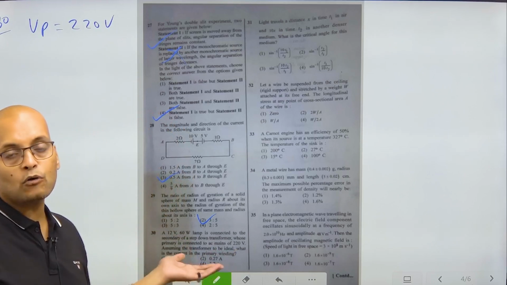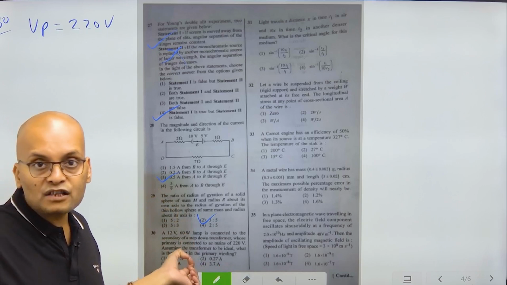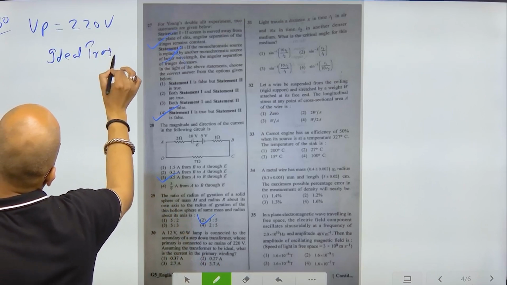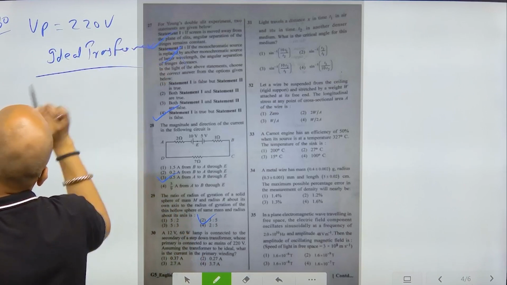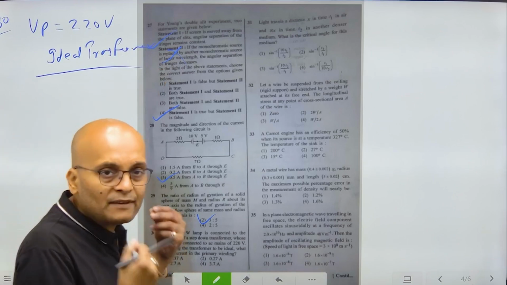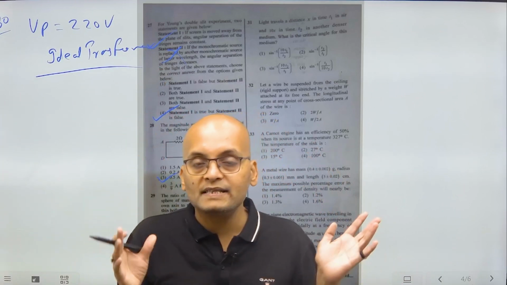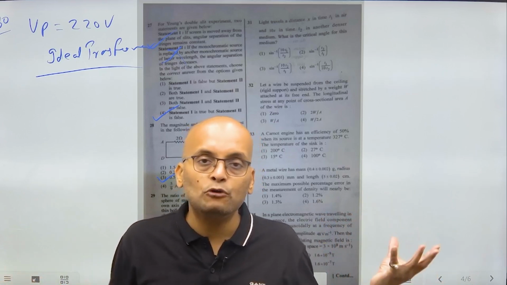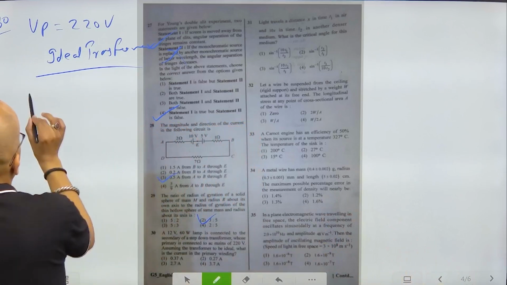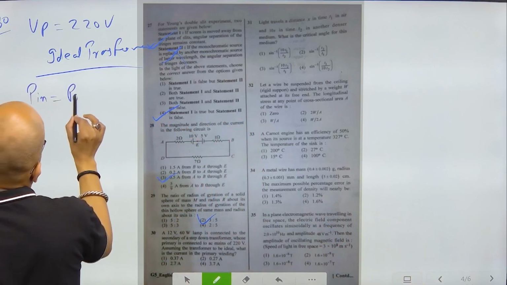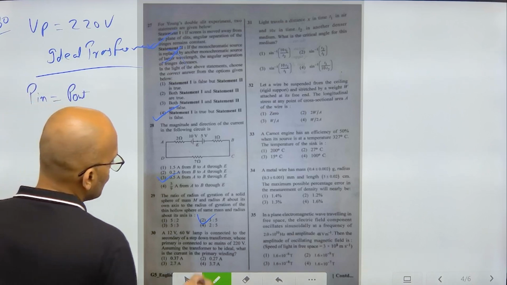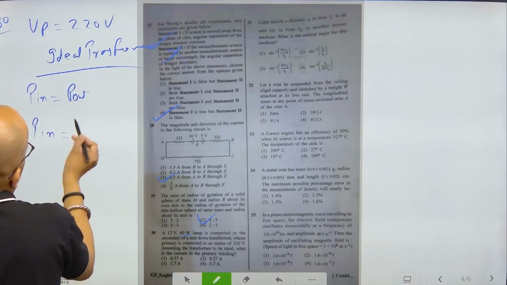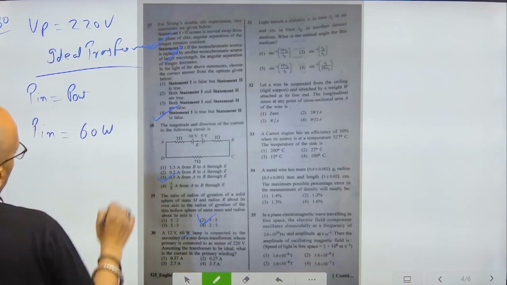See, it is talking about the ideal transformer, and in ideal transformer, what is the condition? Repeated it several times in class, and even if you just use your common sense, ideal means work input is equal to work output. Yes or no? Power input is equal to power output. Right? So output power is given to us 60 watt. So we can take this output power as input power. So input power is 60 watt.